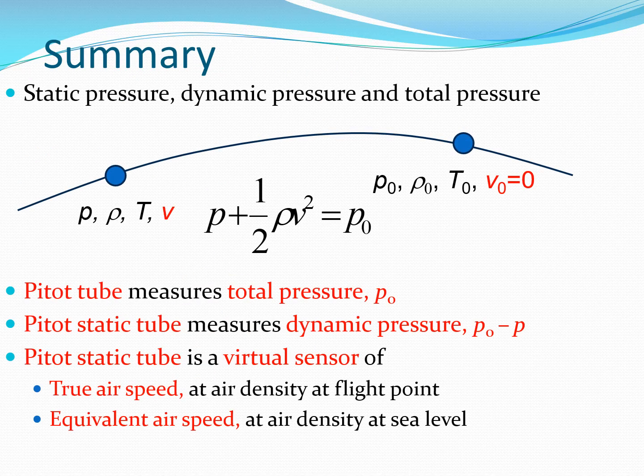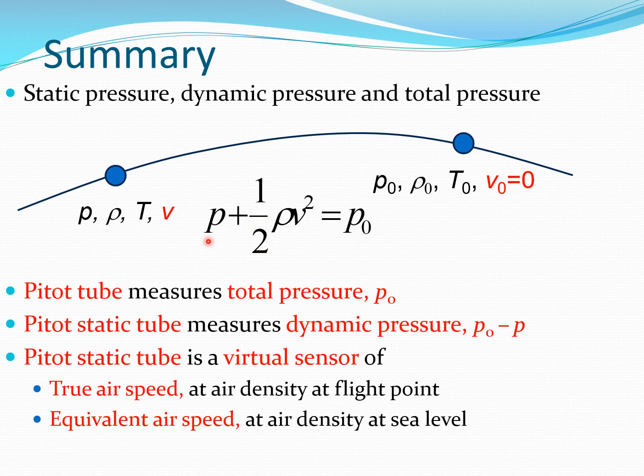Today's lecture introduced you to a lot of concepts, so let's just review them. We saw that if we have air in a flow with a given pressure, density, temperature and velocity, we can bring it to a standstill, and when we do that, the pressure value is known as the total pressure, denoted by the symbol P subscript 0, and P0 is P plus half rho v square.